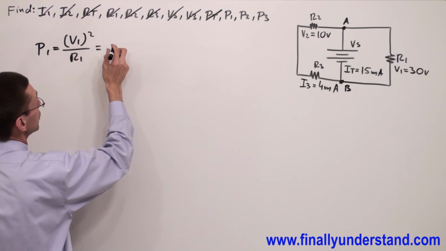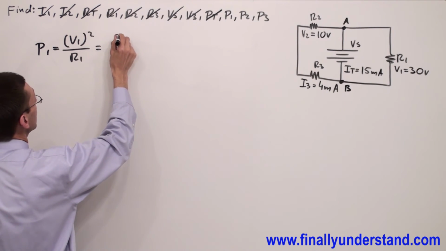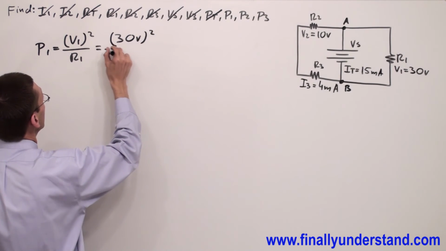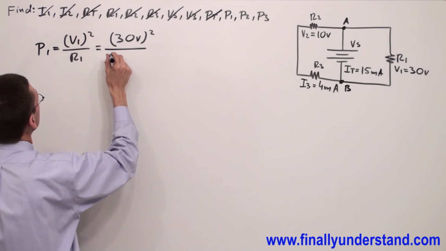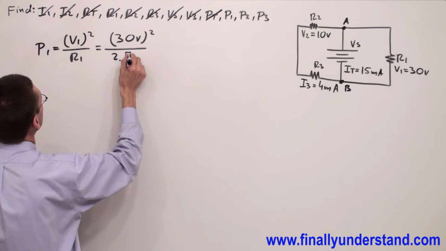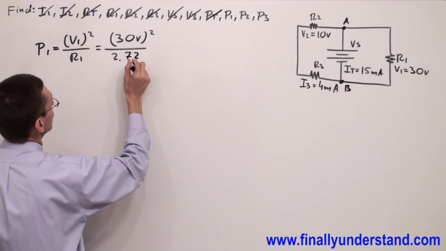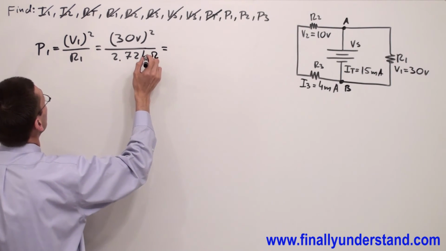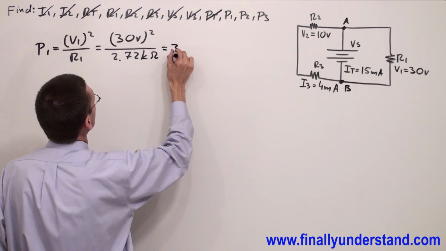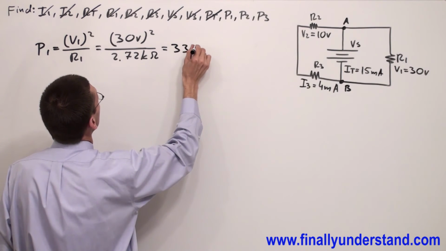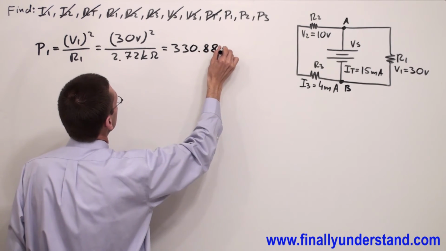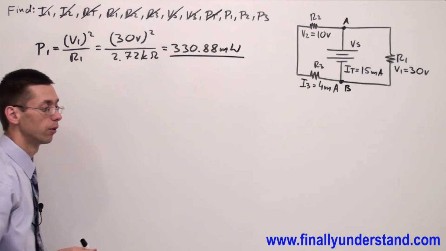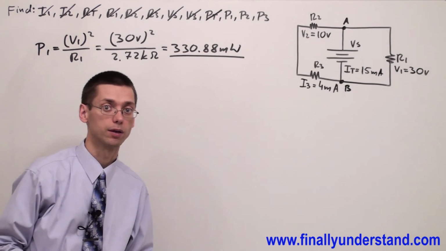V1 is 30 volts raised to the second power over R1, 2.72 kiloohms, which is equal to 330.88 milliwatts. Okay, so this is the power at resistor R1.